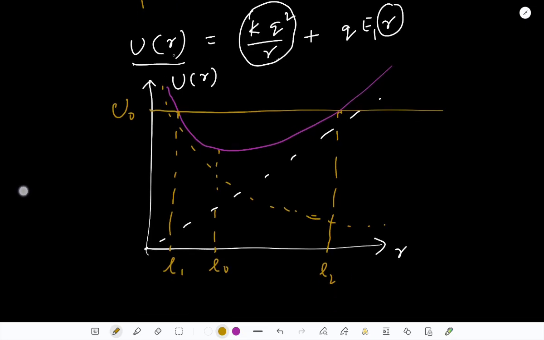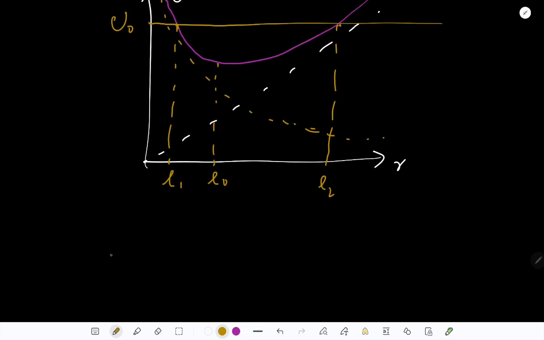So you can write this equation for U simply in terms of U naught as U naught equals kq square by r plus qE1 r, like this. For U naught you should write L1 here, but I've just put U naught here, and so U naught is the boundary, the maximum value of potential energy.